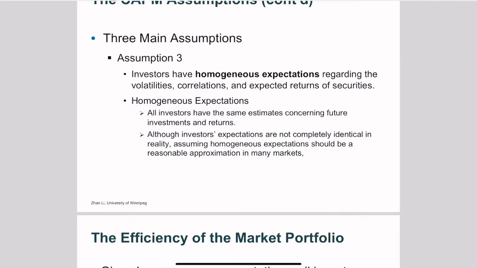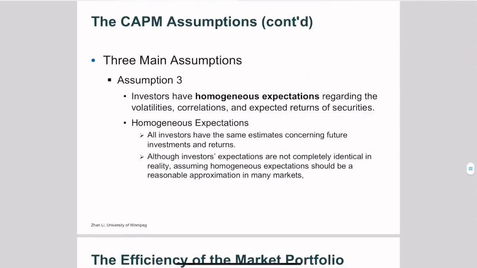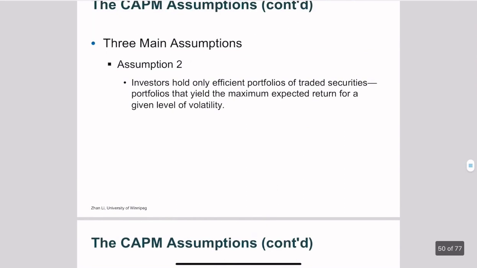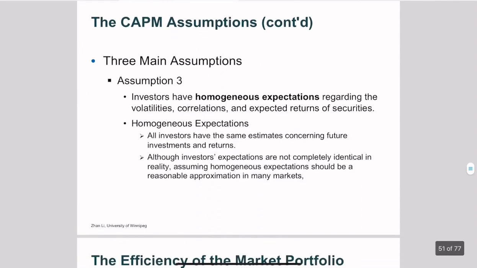So why do we need assumption three? Well, assumption three will guarantee that all investors will hold the same efficient portfolio. So basically, assumption two tells you that investors will hold efficient portfolios. And under assumption three, because investors have the same expectations about the future, every one of them will hold the same efficient portfolio.